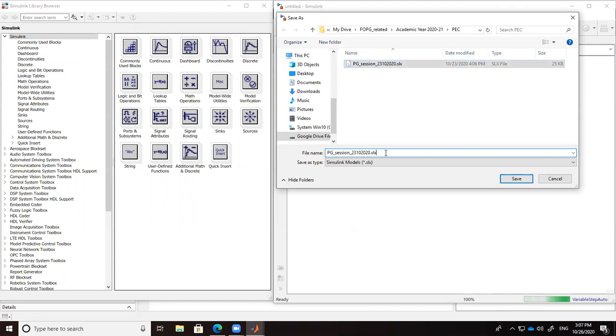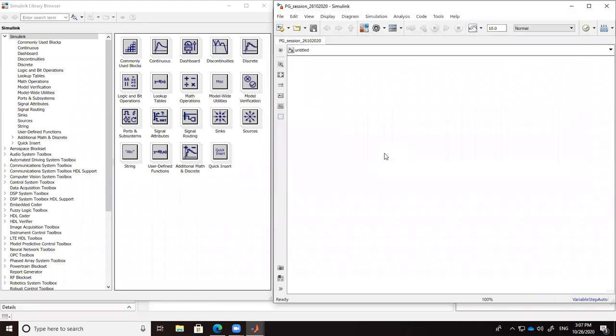For example, I will give the name PG session 26102020, right? This is the file name. As I said, you should not put space or any other special character in the file name. Underscore is allowed. Fine.